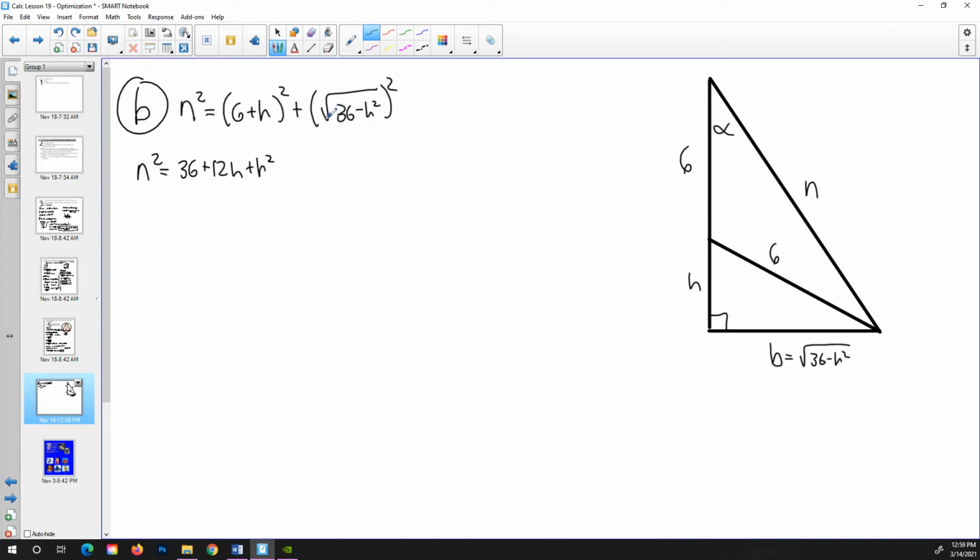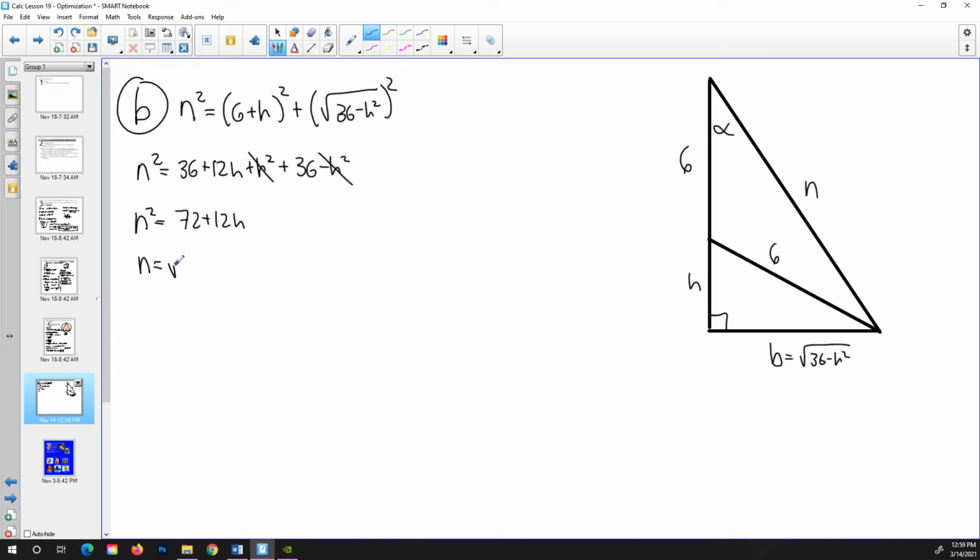Now, the square root and the square cancel out, so we can just say that this is plus 36 minus h squared. Now, the good news is that for n squared, 36 and 36, that's just going to give me 72 plus 12h, and then this positive h squared and this negative h squared will cancel out.